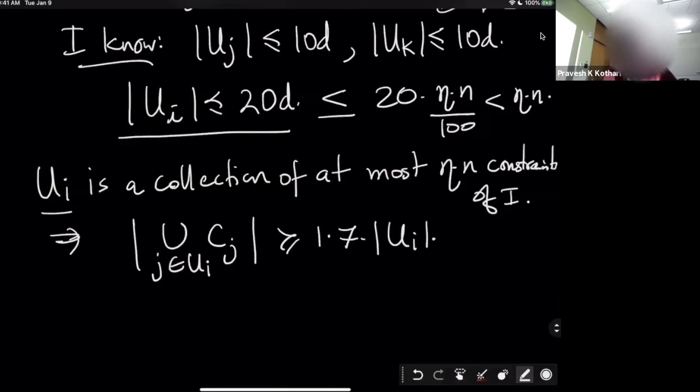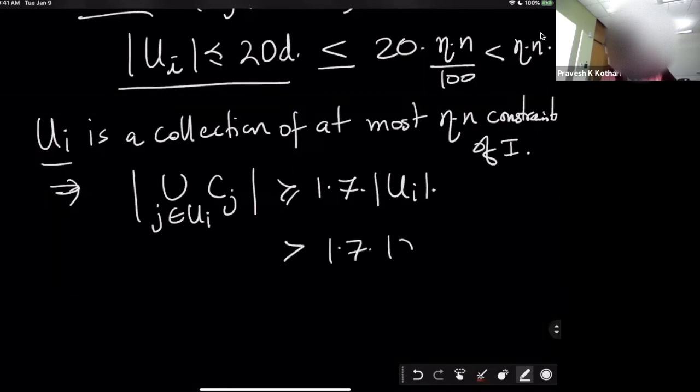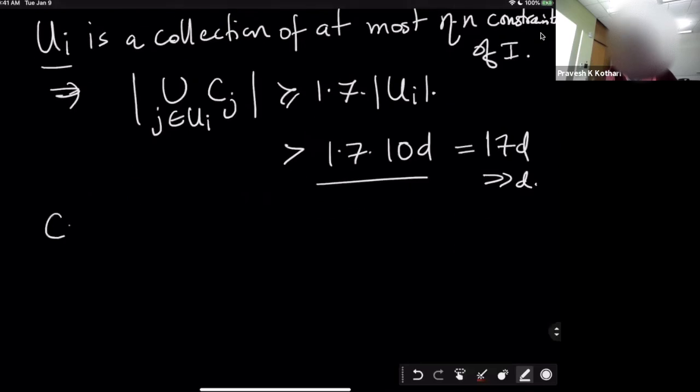But now I am in trouble because ui is of size at least 10d, so this is bigger than 1.7 times 10d, which is much bigger than d. Okay, so this contradicts.